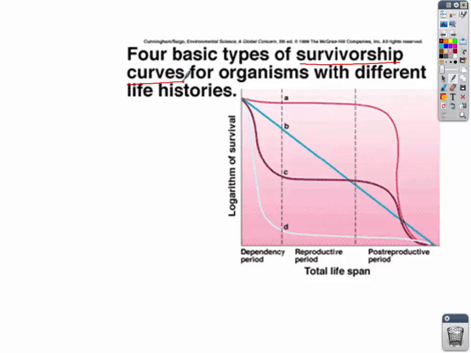The survivorship curves are the ability of a species to survive throughout its lifespan. I'll write that down. Pretty much talking about an entire population, not just one individual, but the ability of a population of a species to survive throughout its lifespan.